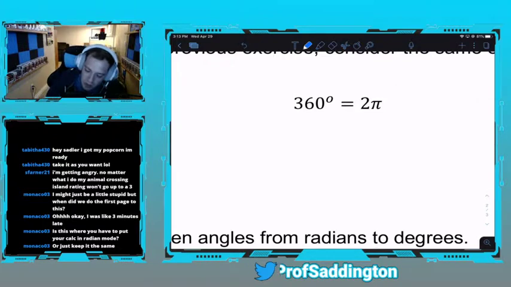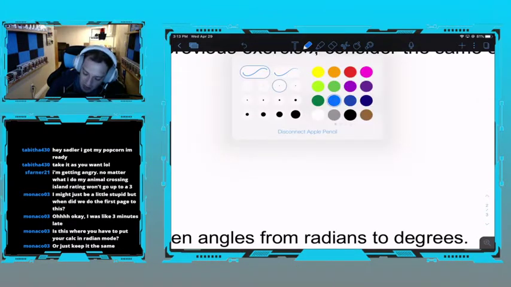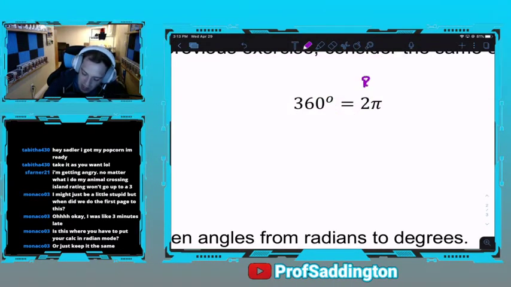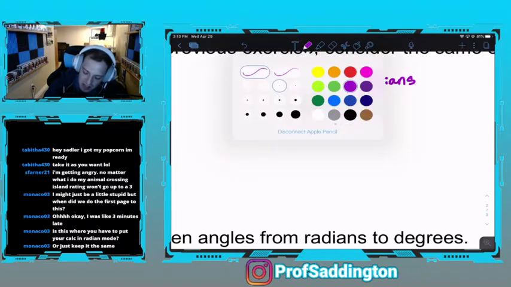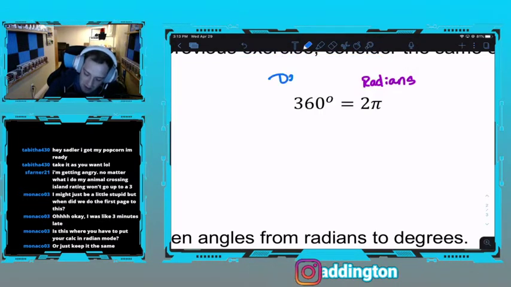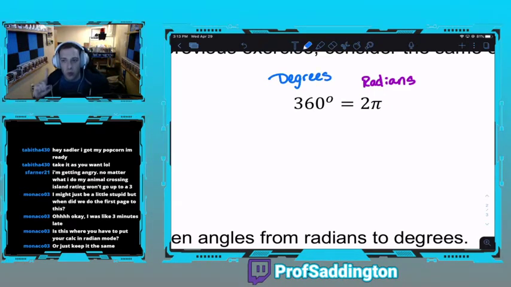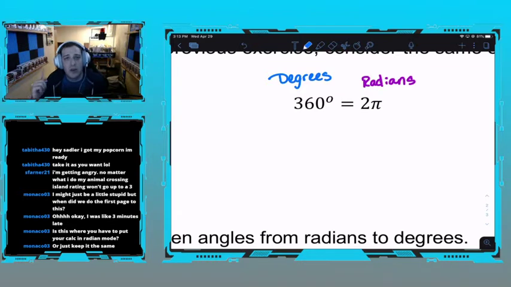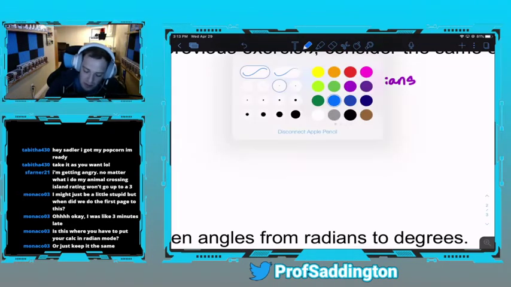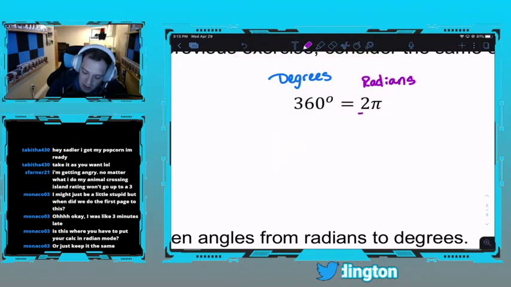So in this one, we want to get the radians all by itself. So again, this side is radians. This side is degrees. So we want to get radians equal to 1. So in order to get radians equal to 1, what I'm going to do is divide this by 2 pi.